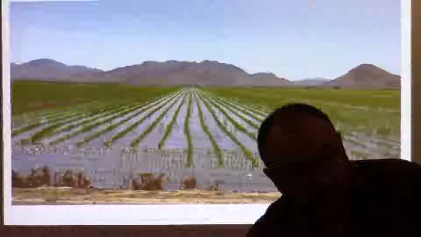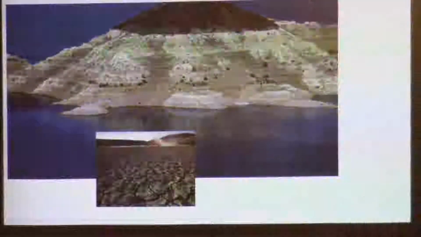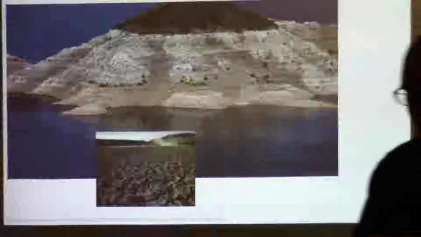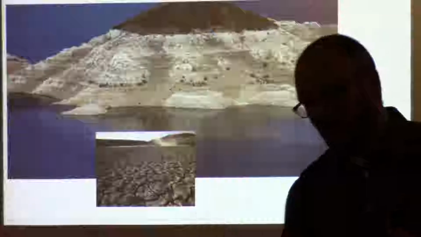But there's often trade-offs with that, right? So if we're extracting it from one location to use it in another location, then we're potentially depleting that. So this is Lake Mead that supplies a lot of the water to Arizona, where that first picture was taken. So there can be trade-offs, right?